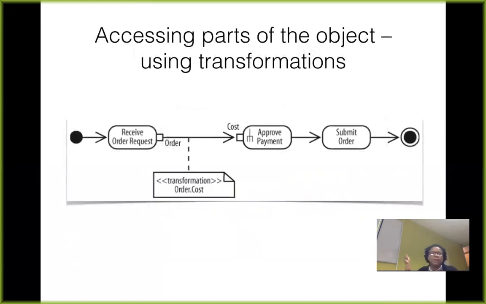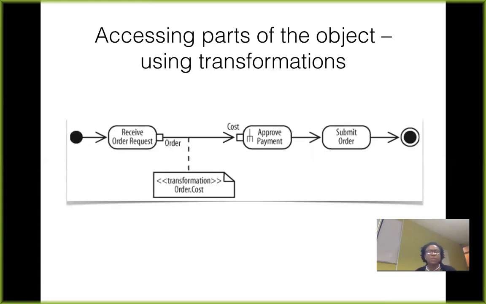Another thing that we want to be able to do is to talk about different parts of an object. Some of you did not do object-oriented programming, some of you did, but that's okay. You will recall, when you refer to an object, if an object has different parts inside of it, you can use a dot operator in most programming languages to refer to the specific parts of the object.